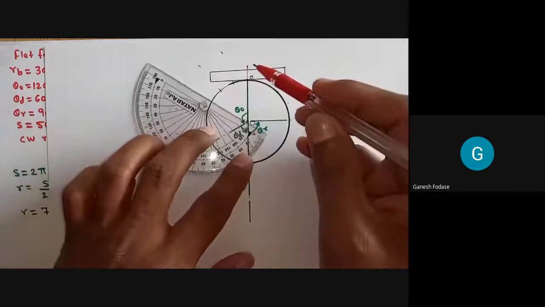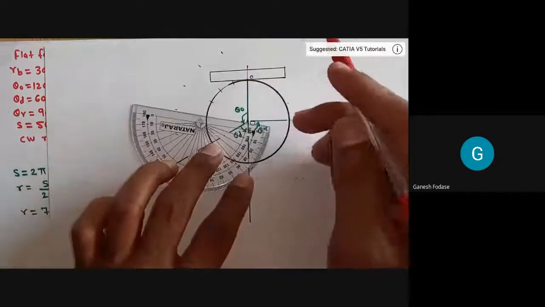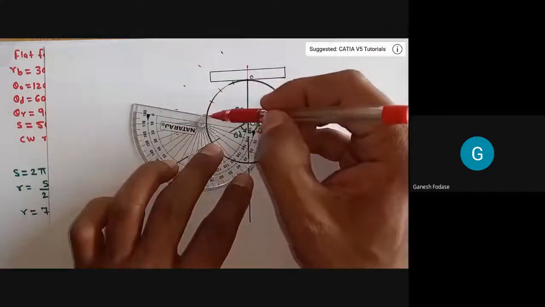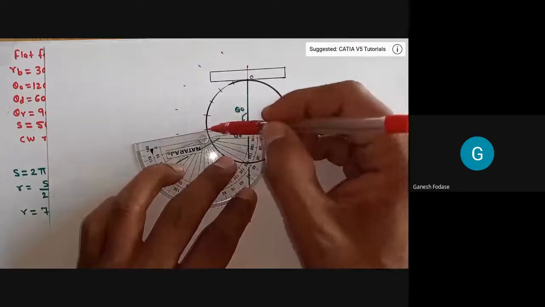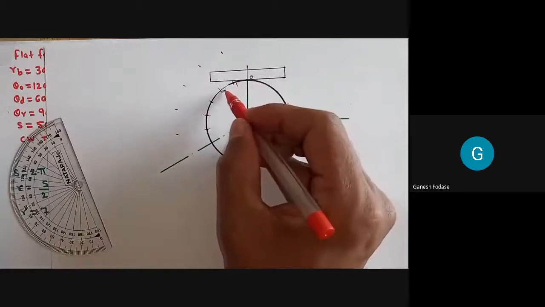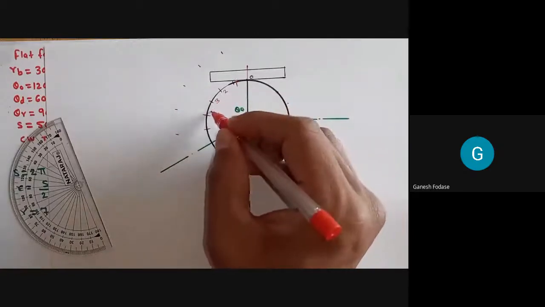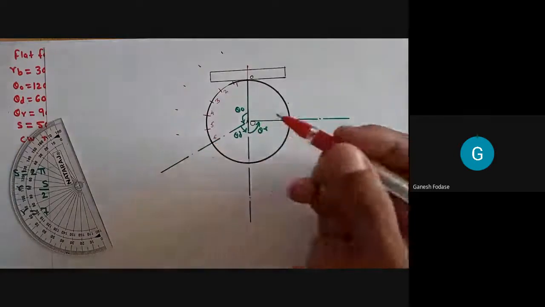But if it is a roller follower, then mark these divisions on a prime circle. Keep in mind. Here we are marking the divisions on a base circle, and after marking the divisions, naming them, join with the cam center. This is 0 position, first position, second position of the follower, third, fourth, fifth, and sixth. So these are the positions of the follower.